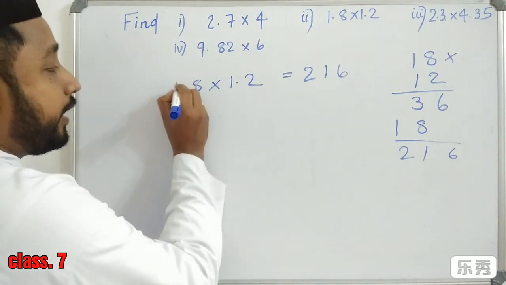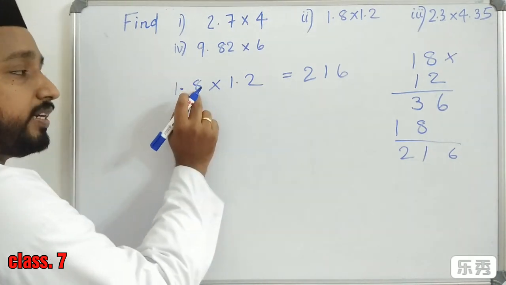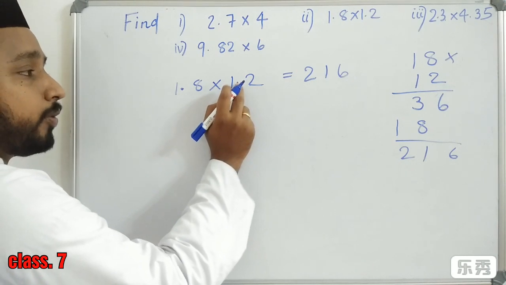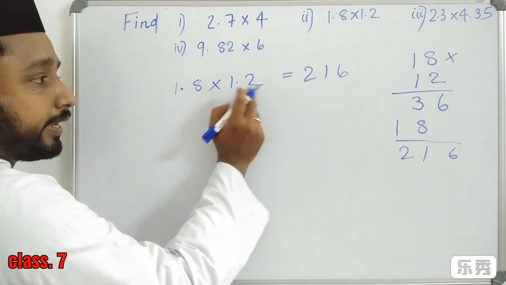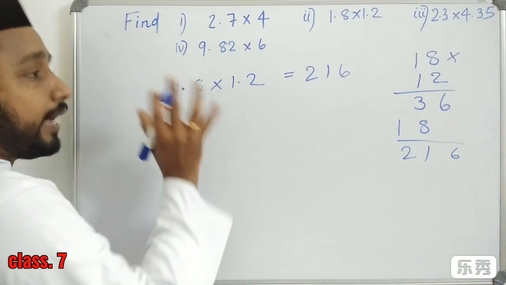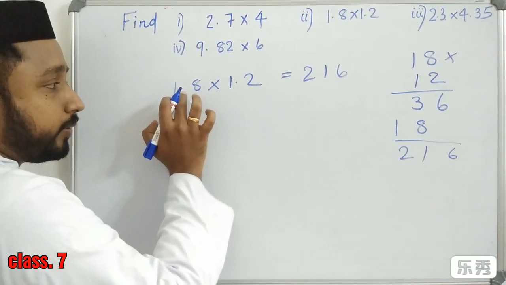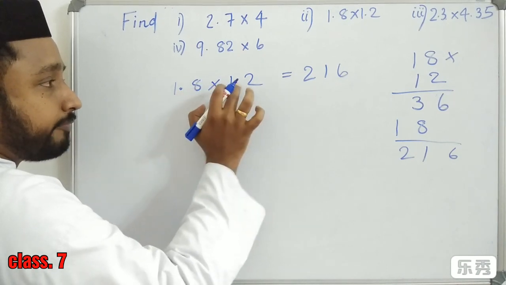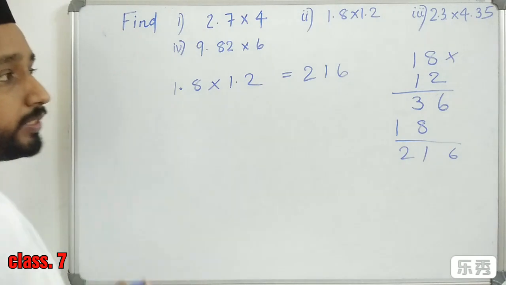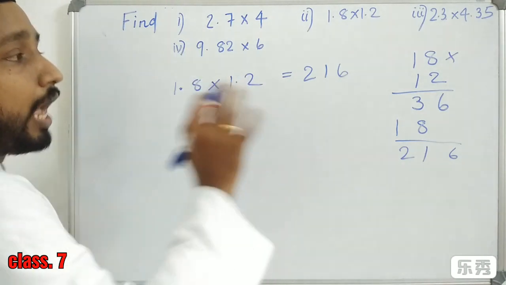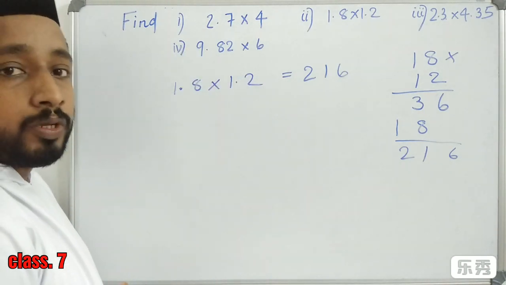So look here. Here after the point there is 1 digit, and here after the point also 1 digit. So in total 1 plus 1, 2 digits. So in the answer, after the decimal point there should be 2 digits.